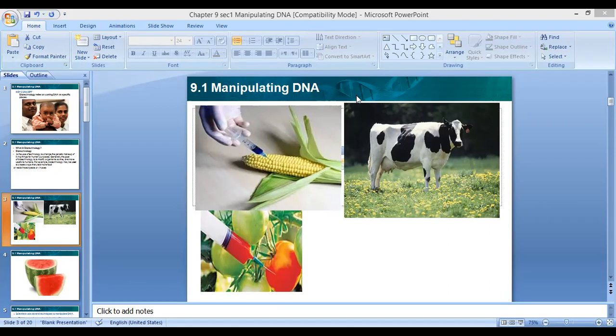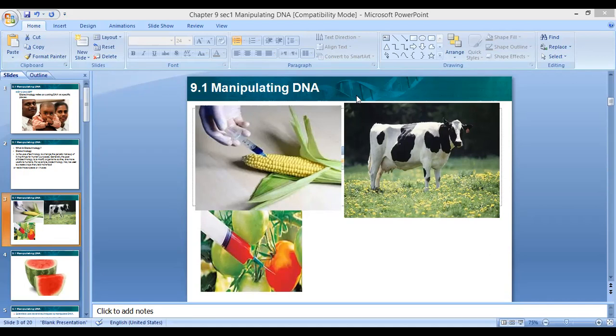We said that our chapter is talking about the frontiers of biotechnology, and that means the last border that science reached in biotechnology, specifically the technology in biology.